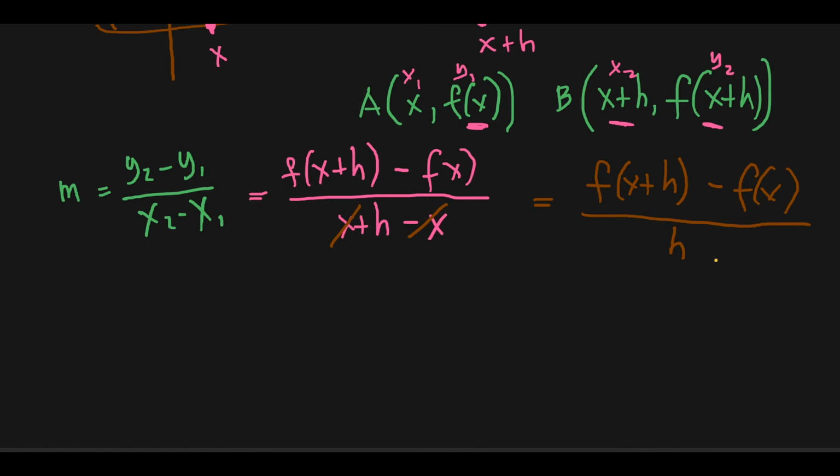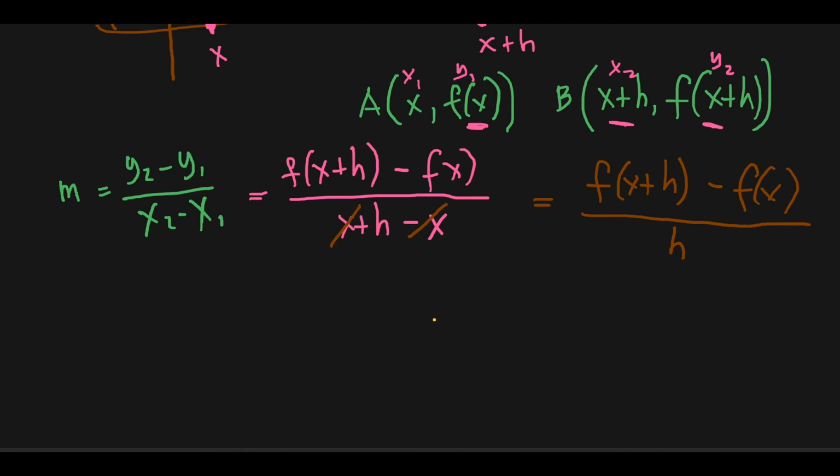And remember, I said that in calculus we are interested with the slope of the tangent line. So how can we make this slope of the second line the slope of the tangent line, so that it will be an instantaneous slope of the tangent line to a curve? The answer is very simple. We will find the limit of that as our h approaches 0.